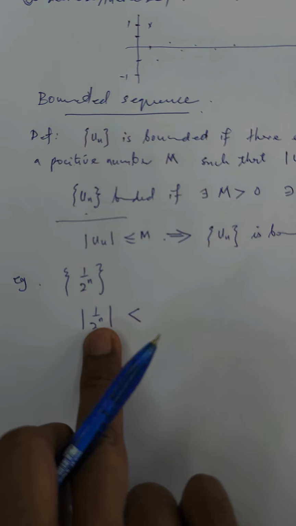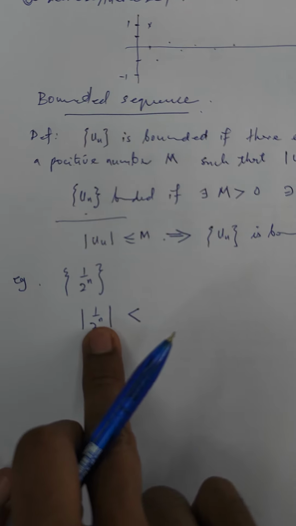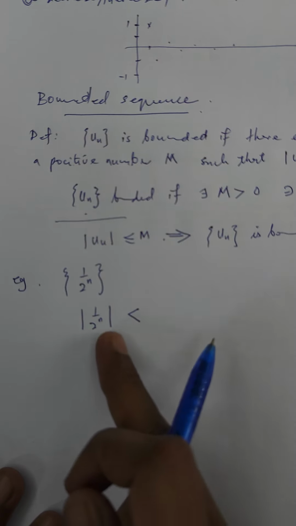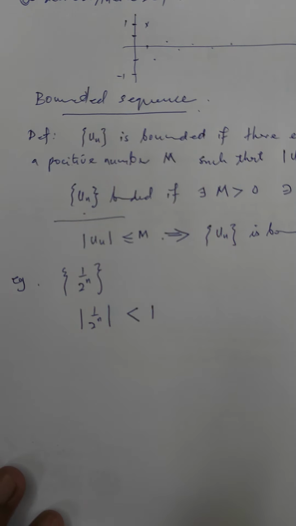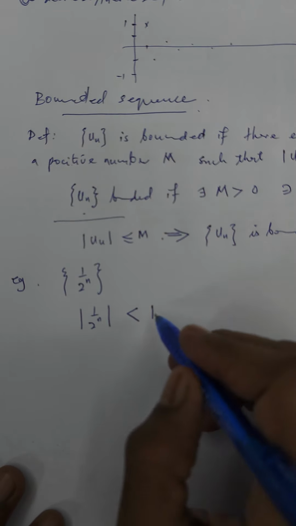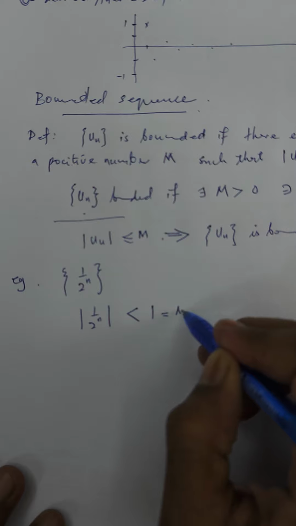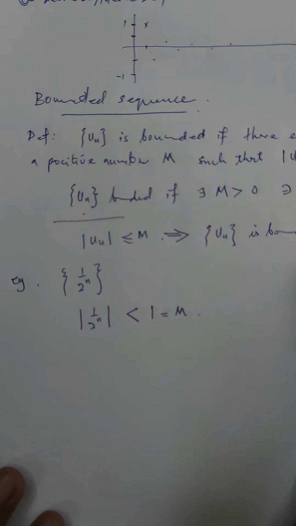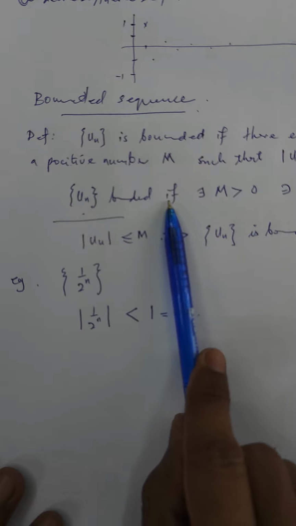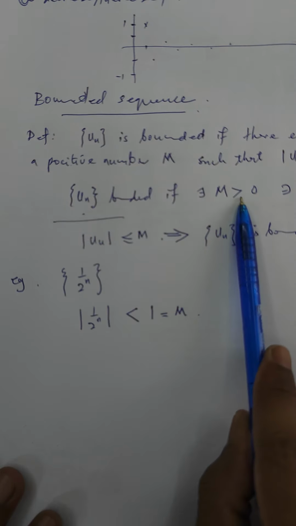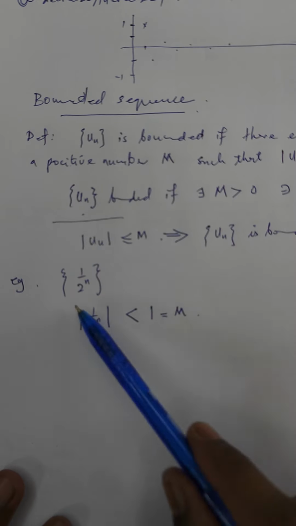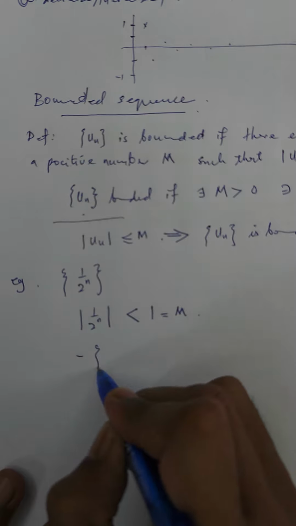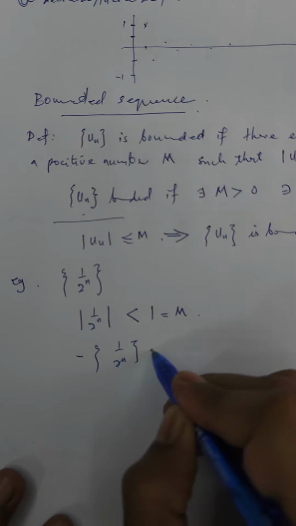When n equals 1, you get 1/2. When n equals 2, you get 1/4, and so on. So the biggest is 1/2, and if I put less than 1, this is true. So in this case, our m is 1. Looking again at the definition, we say un is bounded if we can find a positive number m. In this case, we can find it. Therefore, the sequence 1/2n is bounded.